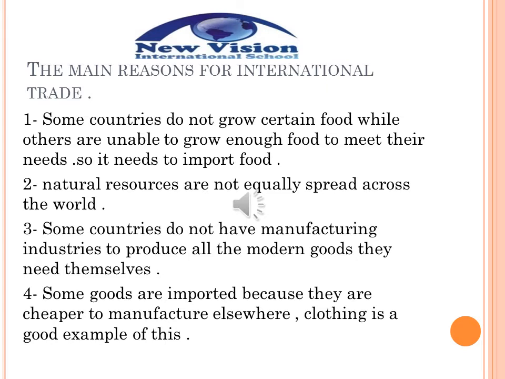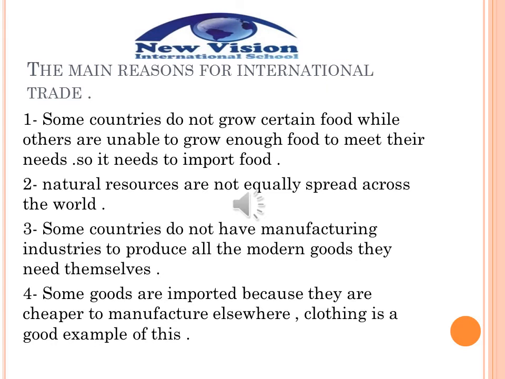For example, Japan does not have enough arable land to grow food to feed its population. So it needs to import food. And we have another example here. The United Kingdom does not have a suitable climate for growing foods like rice or bananas. So they need to import these kinds of products.